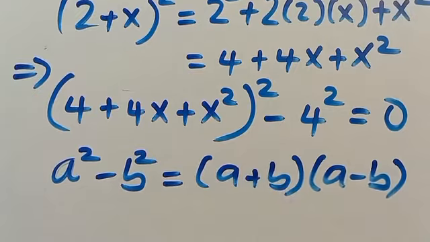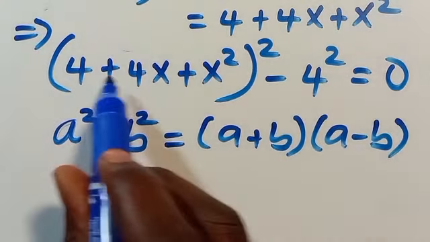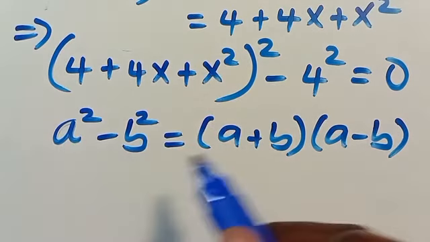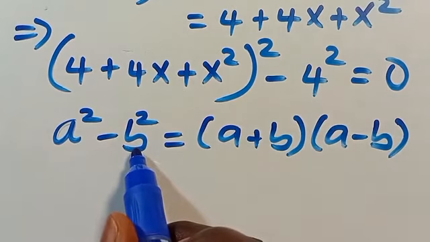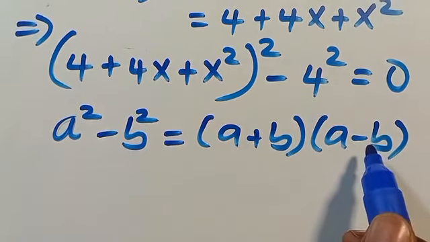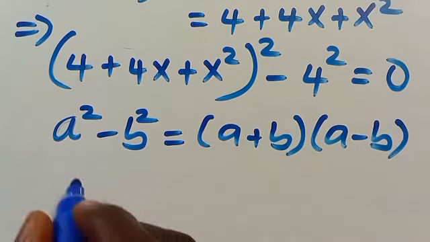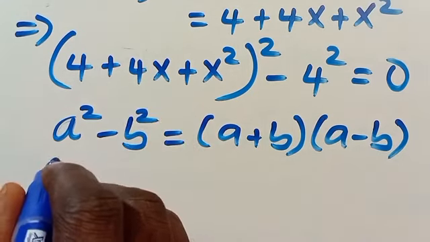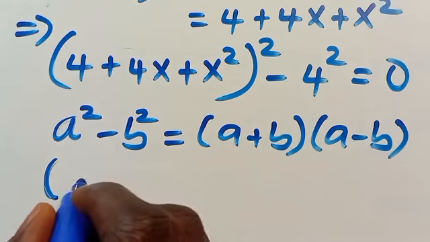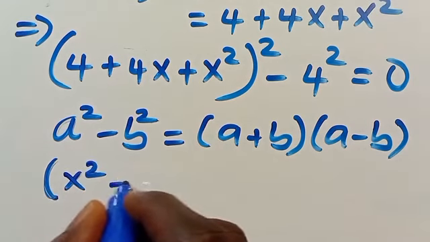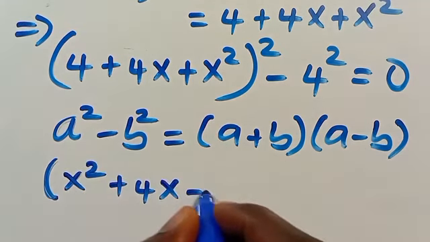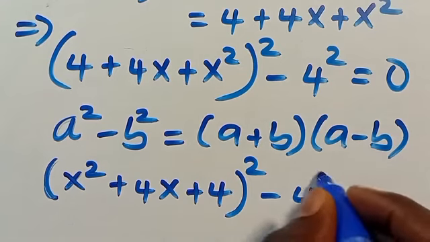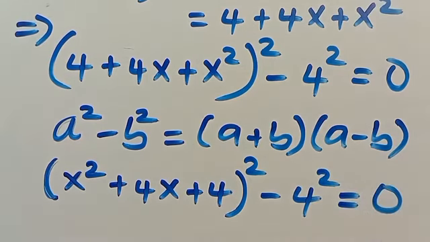So when we apply it here, the whole of this term in the parentheses will be our a, while 4 will be our b. We can also write this as (x^2 + 4x + 4)^2 - 4^2 = 0.